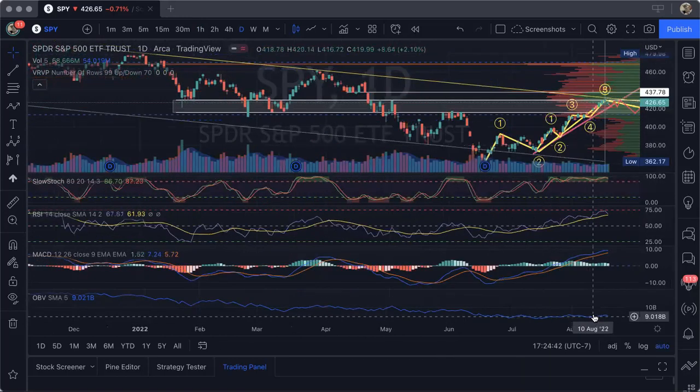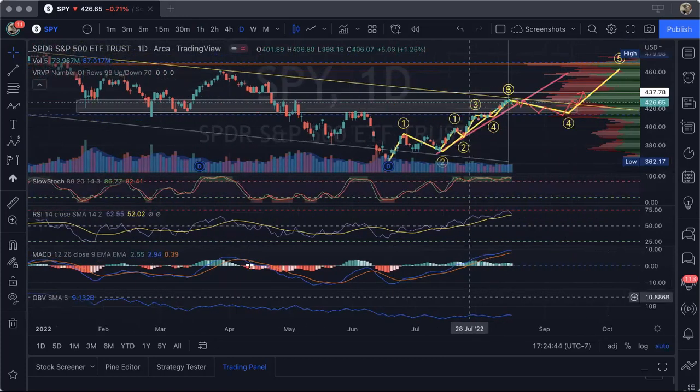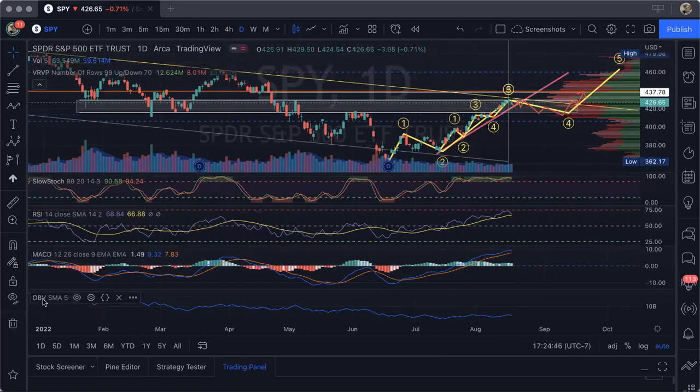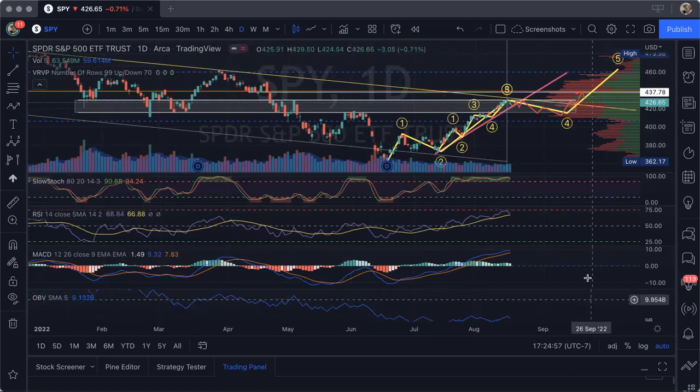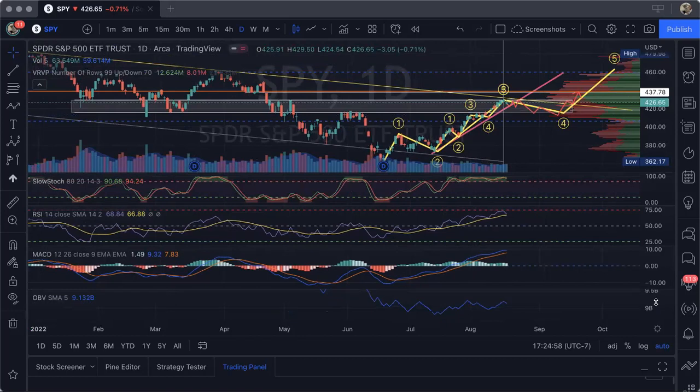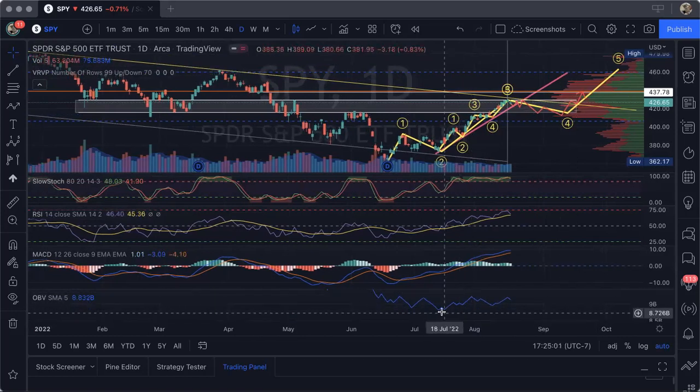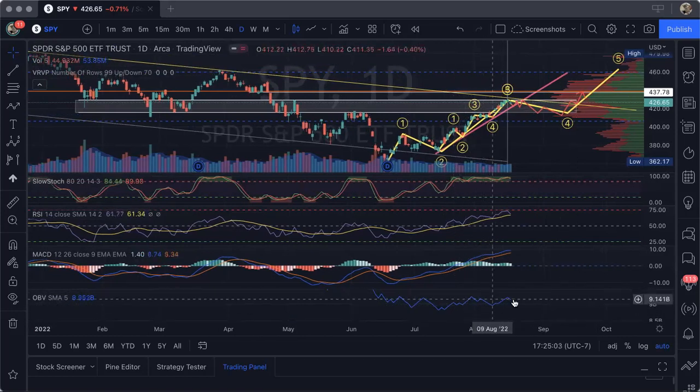So there were a couple classes where I didn't really introduce OBV. OBV is on balance volume. What it really is just the addition and subtraction of these volume candles on a cumulative basis. And it's the same idea. It can show you divergence and convergence, etc. And in this situation, nothing really.